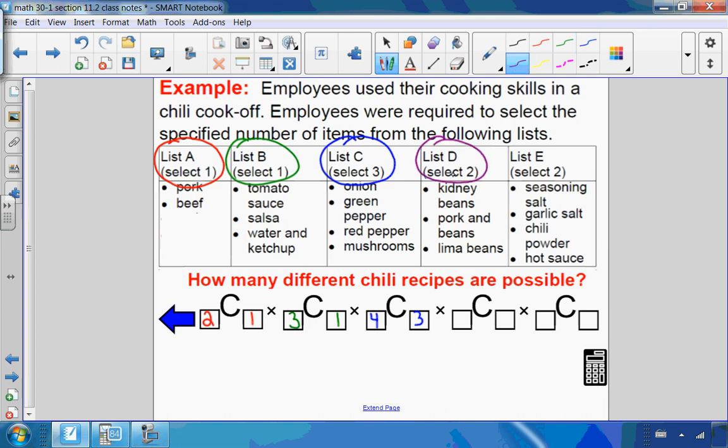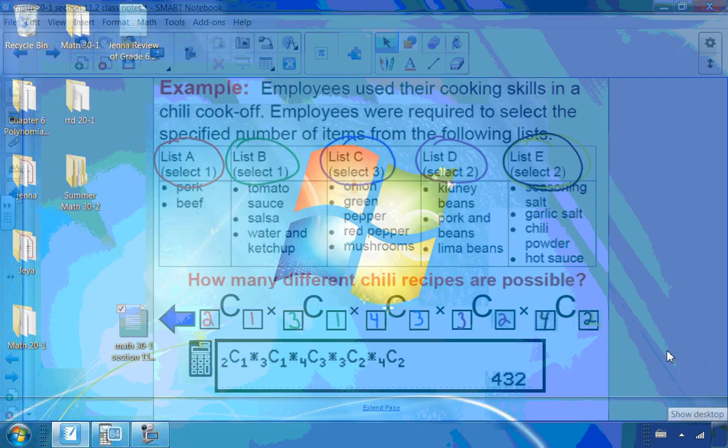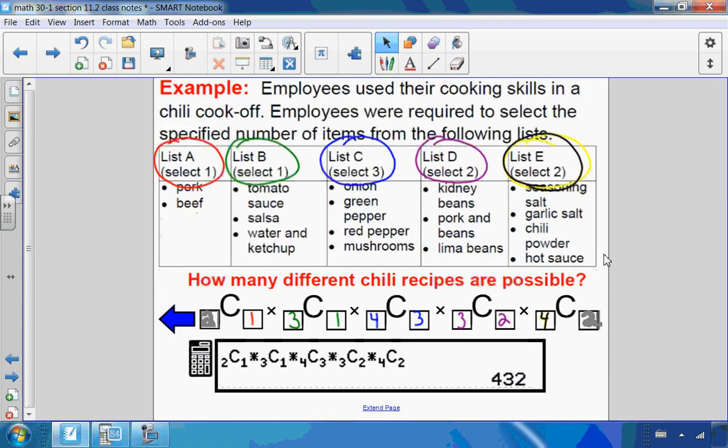List D, I have 3 different types of beans and I need 2. And then list E, I have 4 different spices and I need 2 of them. That didn't show up very well. Let's do that again. 4C2 for list E. So all I have to do is put that into my calculator and multiply together, and I get 432 different chili recipes. Okay, let's try another one.